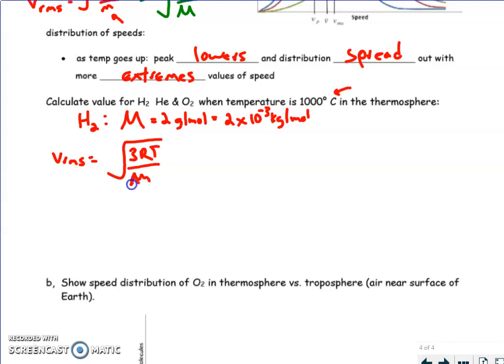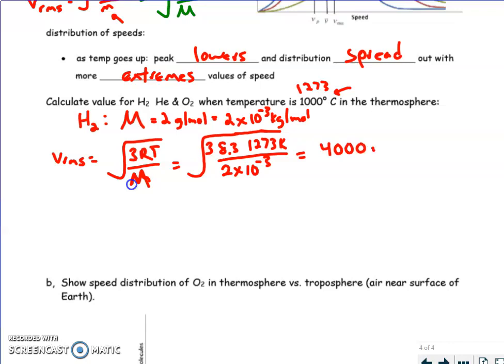Let me draw that molecular mass symbol better. Okay, so if we plug in the numbers: 3, gas constant's about 8.3, temperature, I got to make sure I get that in Kelvin, so that's 1273 Kelvin, divided by 2 times 10 to the negative 3. All right, so if I punch the numbers in, I get about 4,000 meters per second.